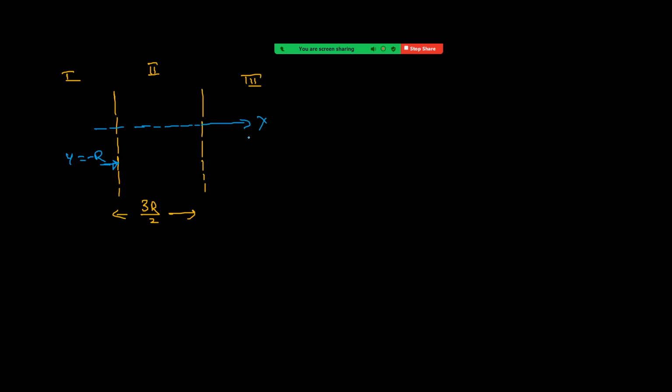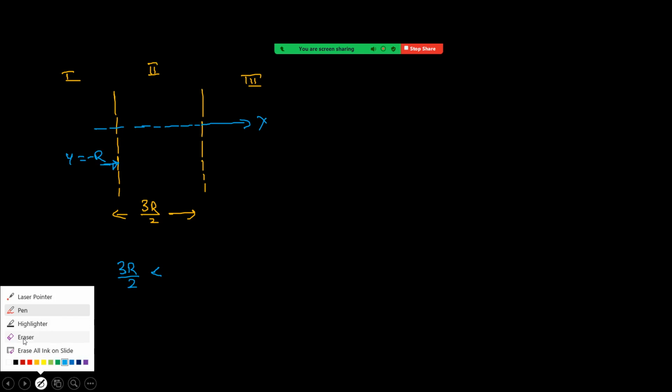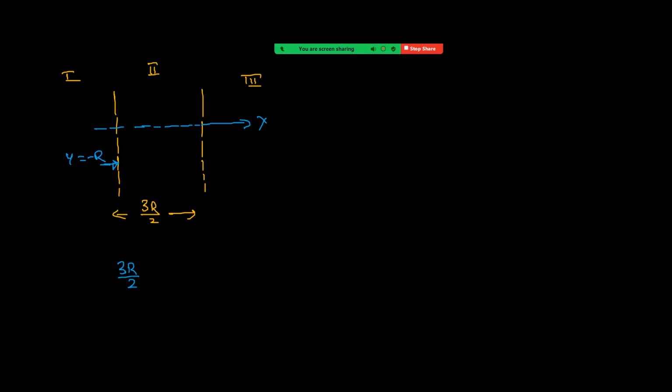Now first focus on the condition to enter into region 1. Region 1 means this 3R by 2 should be greater than or equal to the radius.